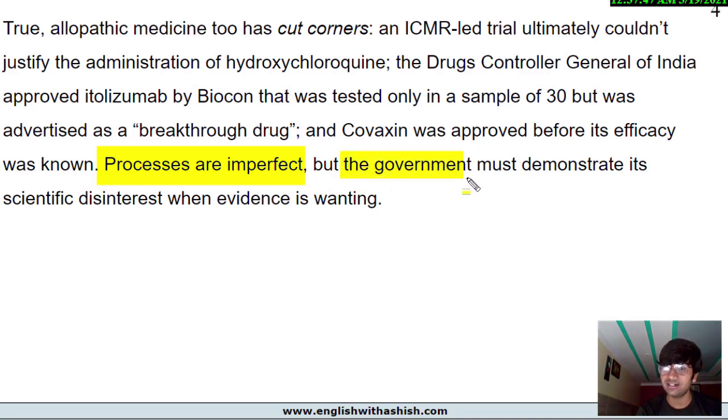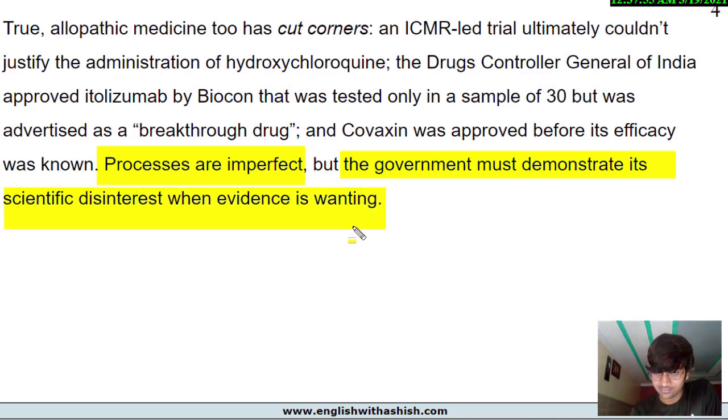Second independent clause, the government must demonstrate its scientific disinterest when evidence is wanting. These two independent clauses are joined by the coordinating conjunction but, hence it's a compound sentence. A compound sentence is a combination of two or more complete sentences, independent clauses.